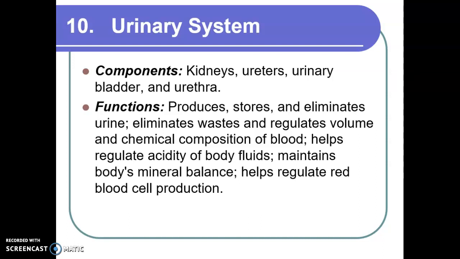So when we have too much of something, we can get rid of that through our urine. And maybe you're aware of this, but there are lots of different tests that can be done to see what your body is getting rid of. That helps doctors, for example, figure out what's wrong if you're not feeling well. That could be a good way for them to check and see what's not normal as far as those numbers go.